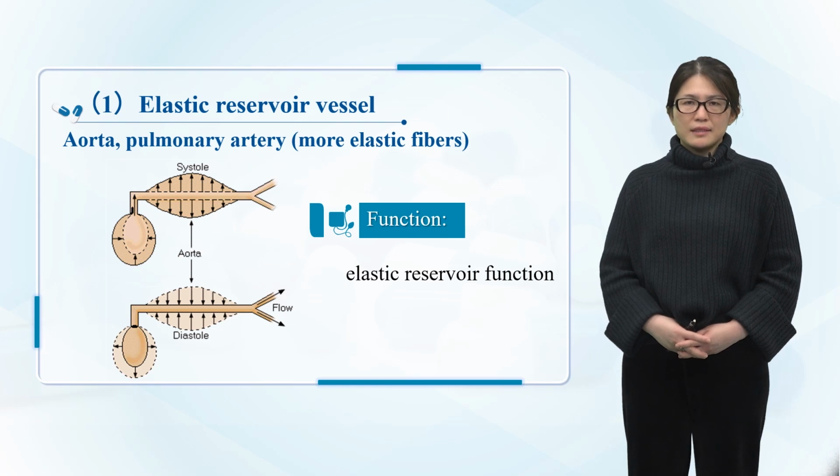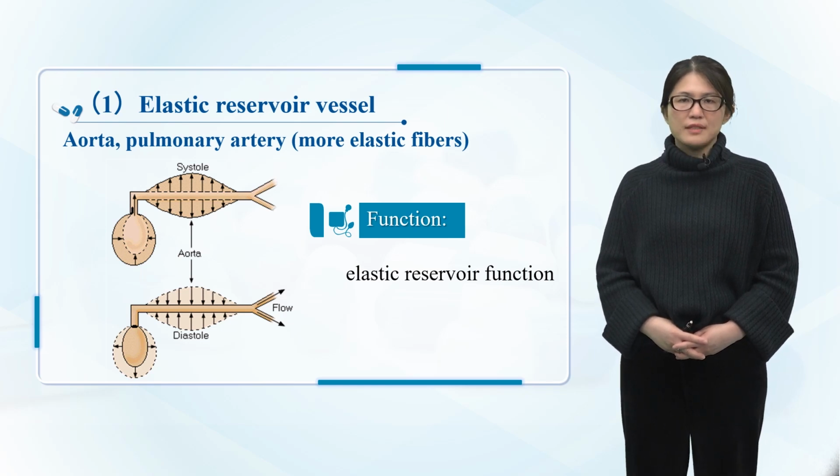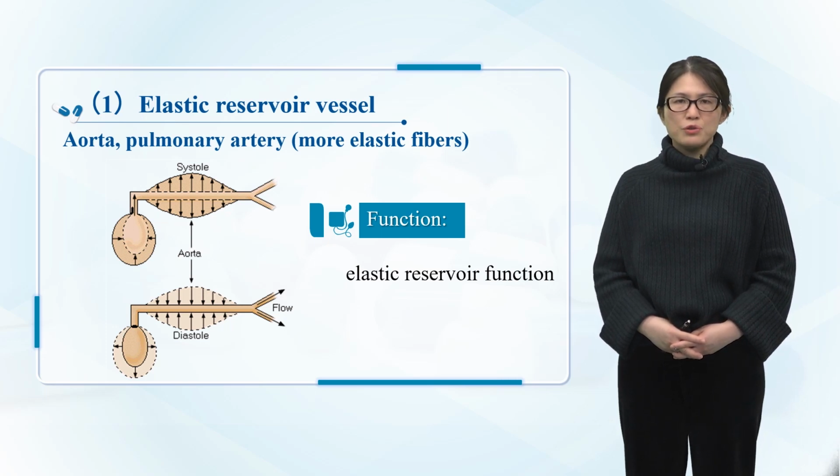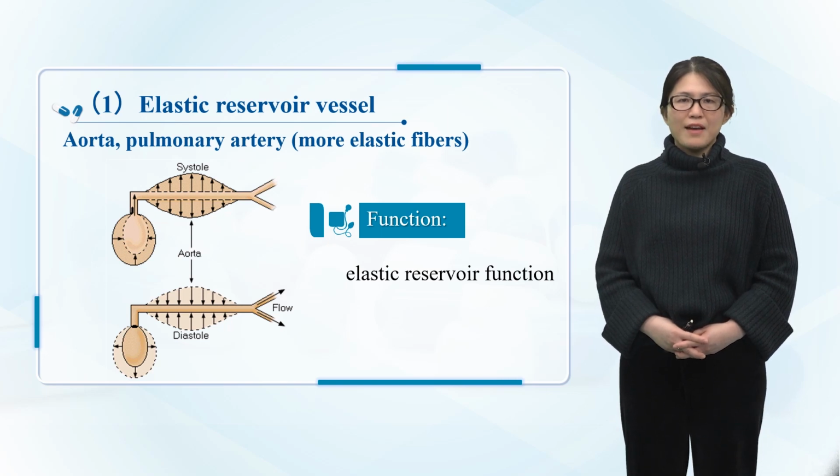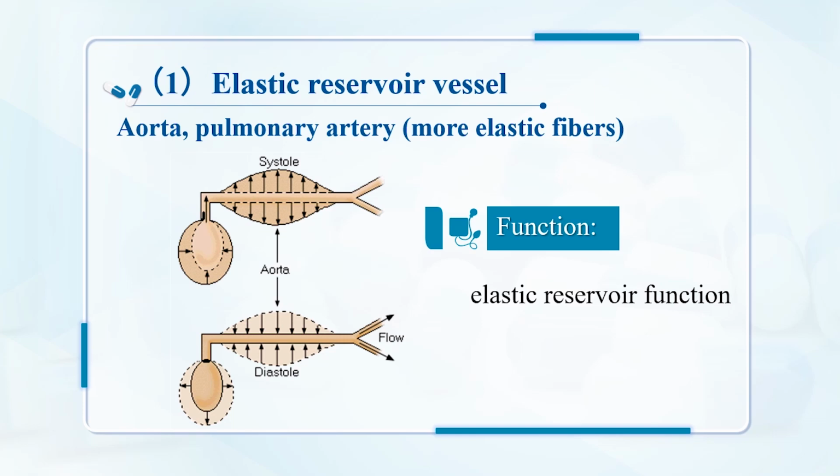The elastic reservoir of the aorta converts the intermittent ejection of the ventricle into a continuous flow of blood in the blood vessel, and at the same time reduces the fluctuation of blood pressure during the cardiac cycle.